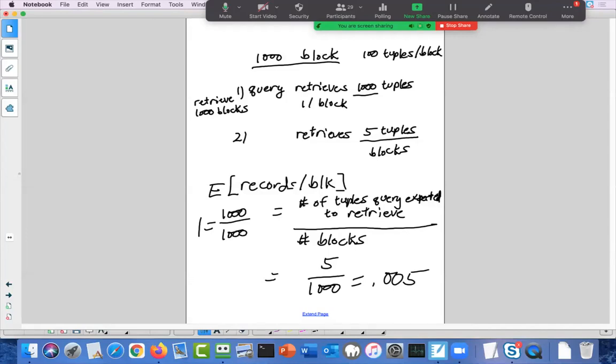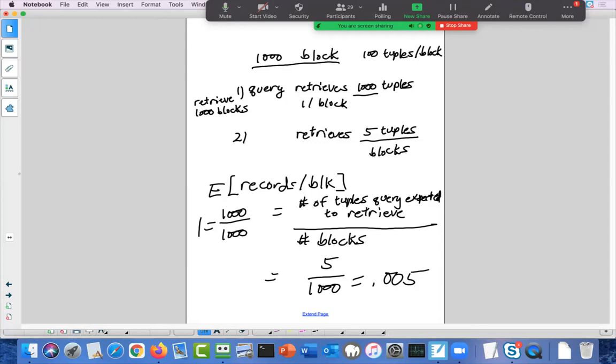The expected number. That's what really matters. Okay, gotcha. And by tuples per block, you're saying how many tuples we store in each block, not how many we retrieve from the query. No, what we're worried about is what is the expected number of tuples we will retrieve from each block for that query.